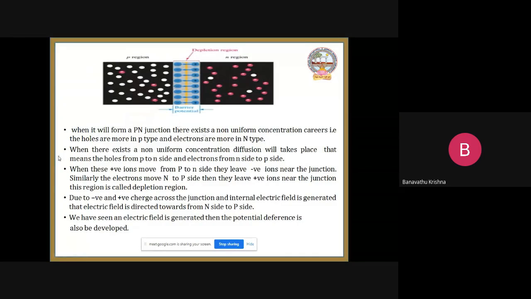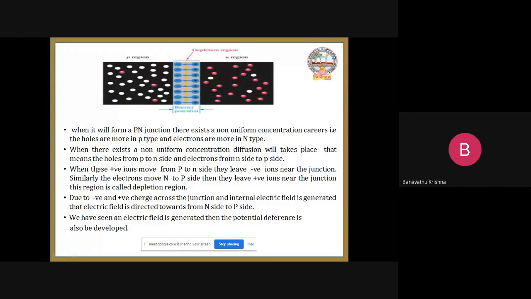So let us see the other points here. When a p-n junction is formed, there exists a non-uniform carrier concentration. That is, the holes are more in the p type and the electrons are more in the n type. When there exists a non-uniform concentration, diffusion takes place.